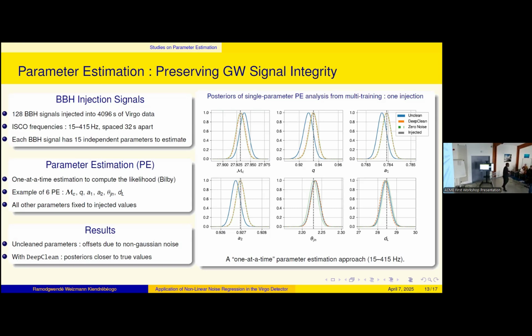The zero noise means here the pure signal, and the vertical line is the injected value.